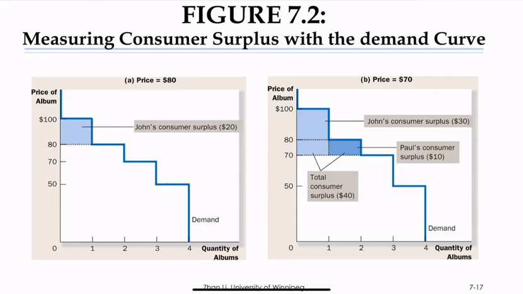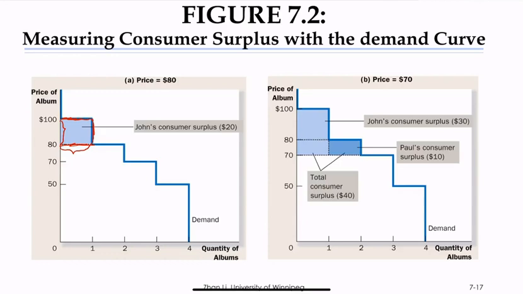In this case, you could see that the difference between the demand curve and the price is given by this, so it is essentially this area between the demand curve and the price. In this case, consumer surplus can be calculated as the height of the rectangle, which is 20, times the width, which is 1. Right? So surplus equals $20.